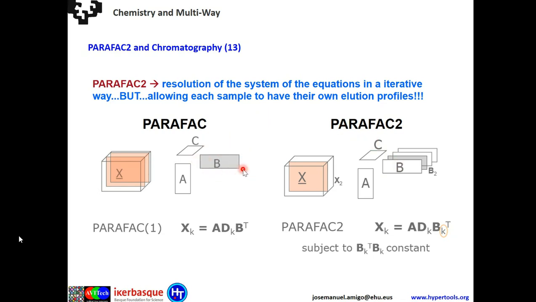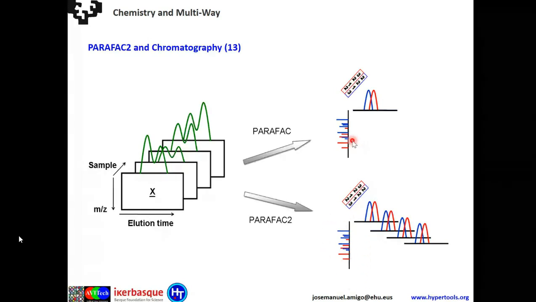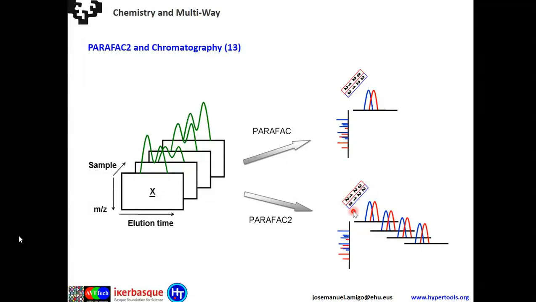Okay, and what we will obtain, as I said, in Parafac, we have our matrix of scores and these two loadings. But in Parafac2, we will have the same matrix of scores, and for the spectra, we will have also the same spectra. But for each sample, we will have a different elution profile.